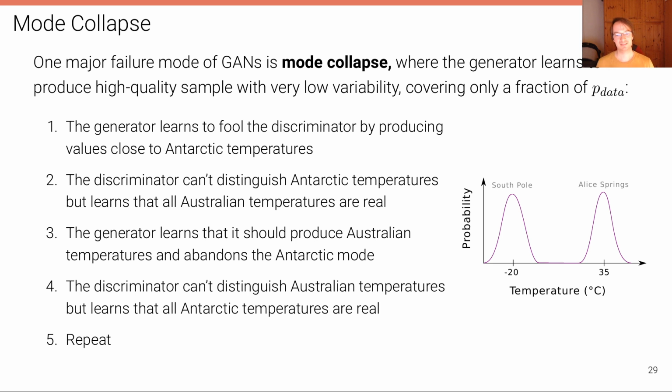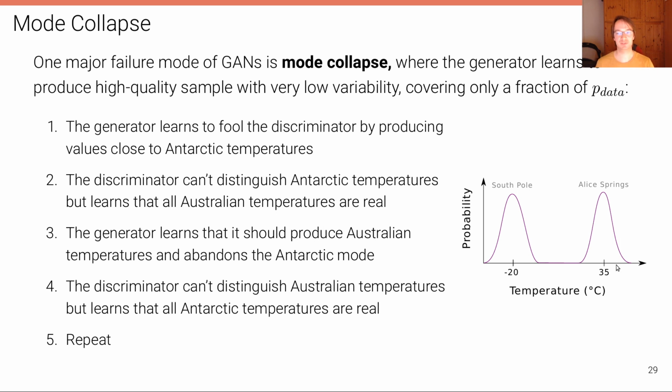Now, why is this happening? This is an intuitive interpretation of why this can happen, and it's really a consequence of the more complicated training framework of GANs. Let's assume we have a 1D modeling problem where we have a bimodal distribution over temperatures.